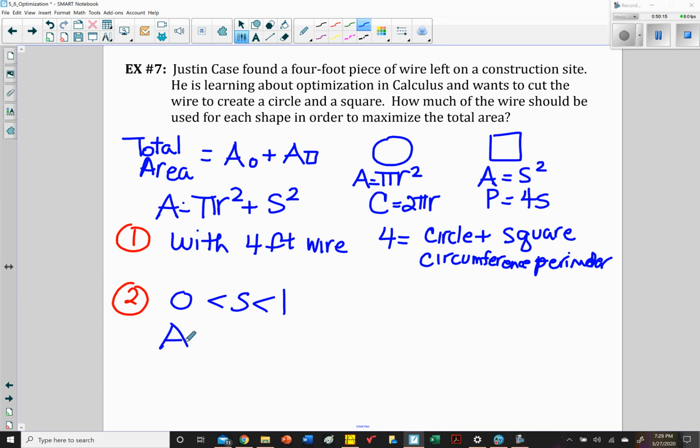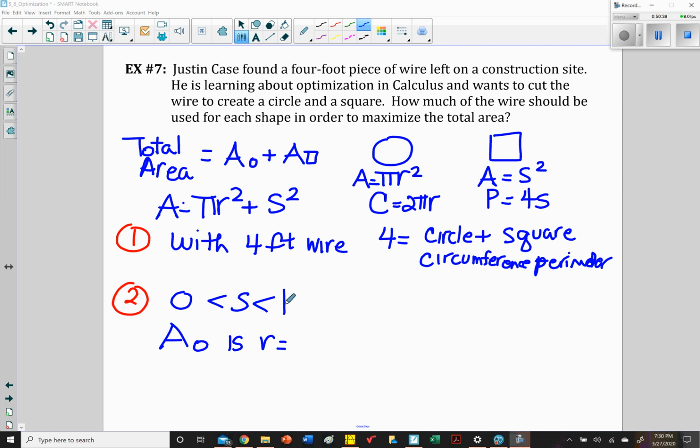And the area of the circle is the radius. Let's see, hold on here a minute. Okay, so if we had the 4 feet of wire and you had a square, it would be 1, 2, 3, 4.